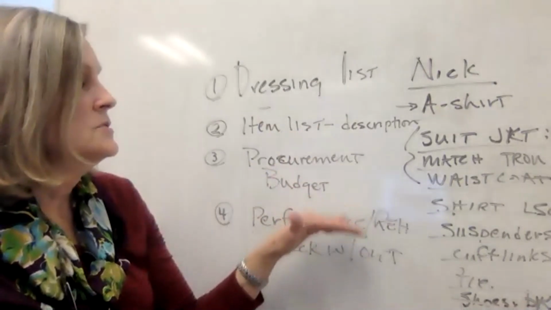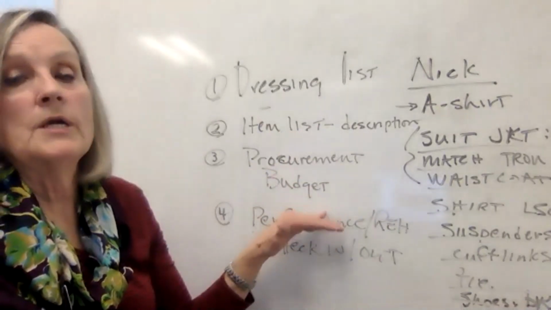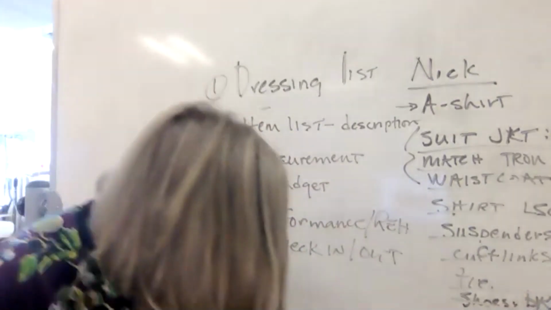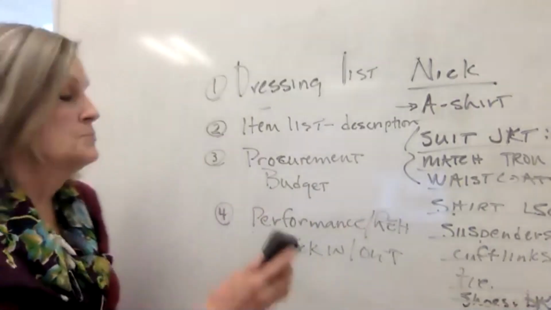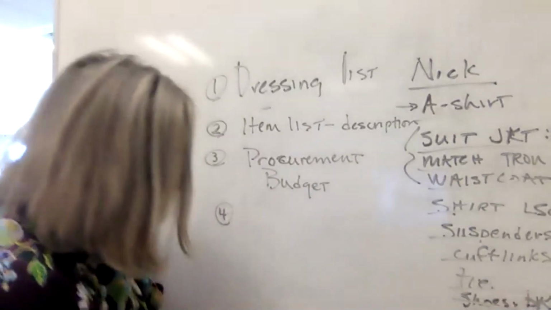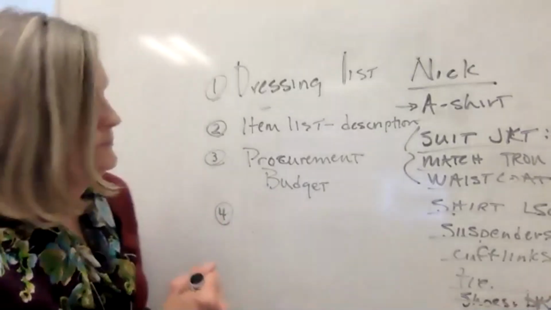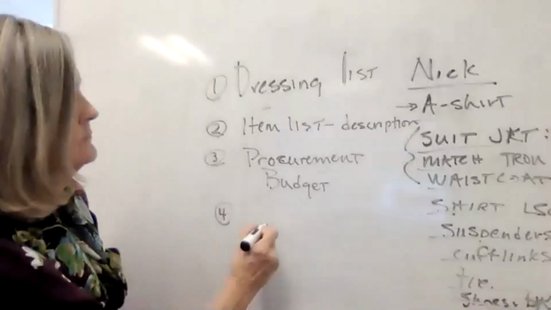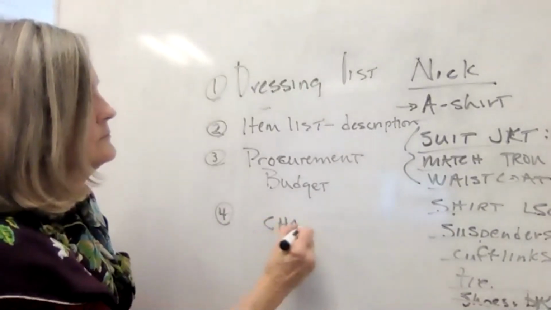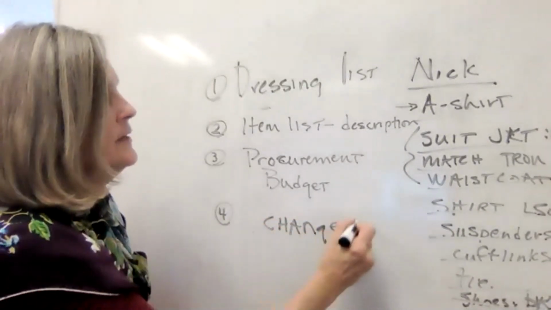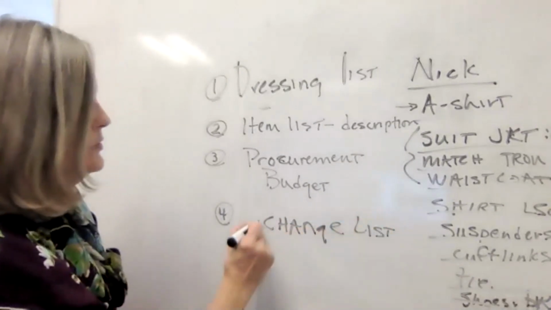So from this as well, even before we get to this, I should actually add this one thing in. It's not important for this particular show, but you do a change list. And you'll get a copy of one of those.